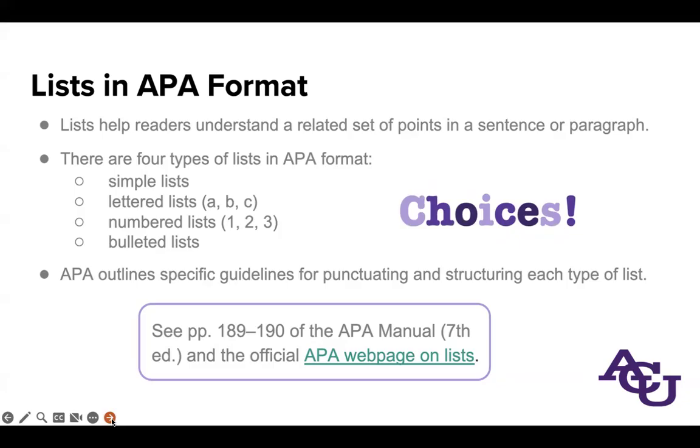So we may view APA's guidelines as limiting sometimes because we have to figure out how to do what they want us to do in each type of list. But in reality, it's actually providing us with a lot of different choices that we can make to best present our information. And if you would like to see the APA's guidelines in their own words, you can look at page 189 through 190 of the 7th edition manual, or you can click this link to the APA website. It's their page on lists.